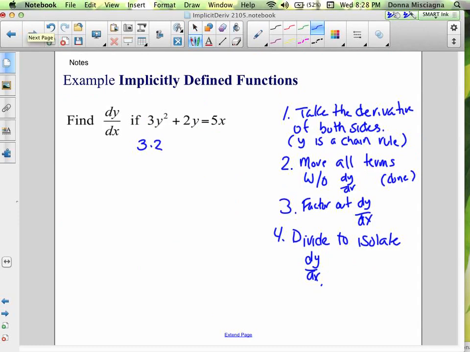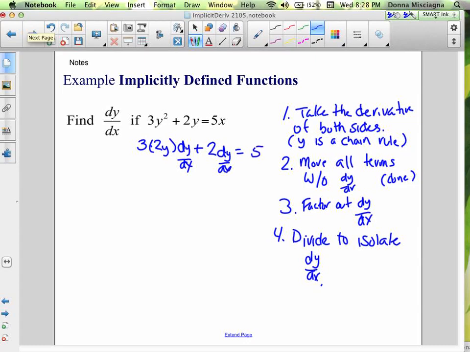Right, so 3 times 2, actually let's use parentheses, and the exponent reduces by 1, and then it's a y, so we have to have dy/dx. Right? So the chain rule part is the derivative of y with respect to x is dy/dx. Plus the derivative of 2 blop is just 2, and then we have to take the derivative of the blop. The derivative of y with respect to x is dy/dx. The derivative of 5x is 5.